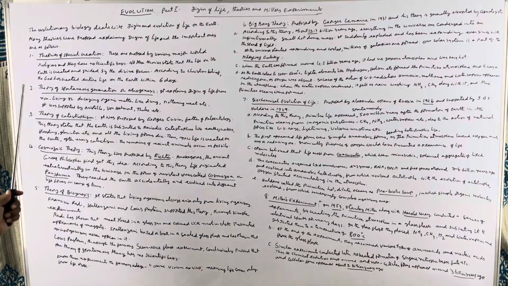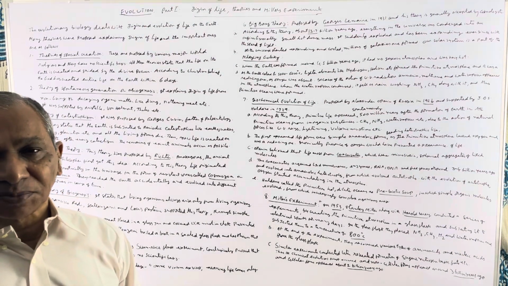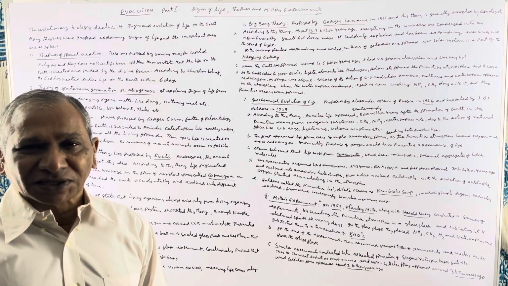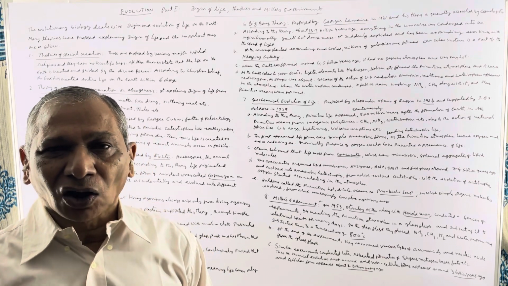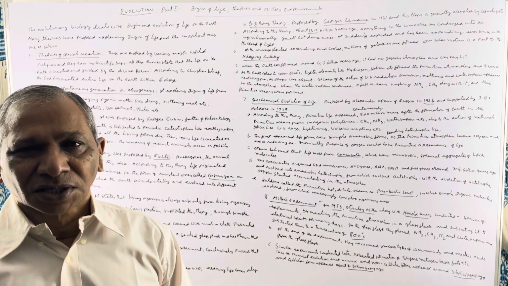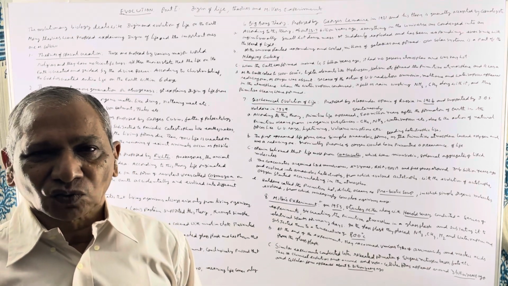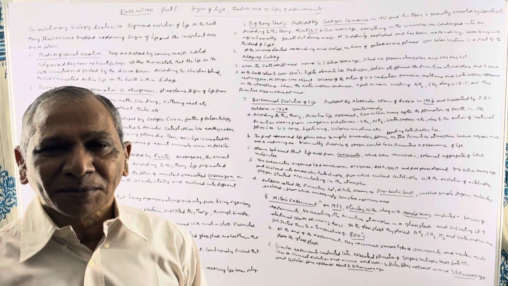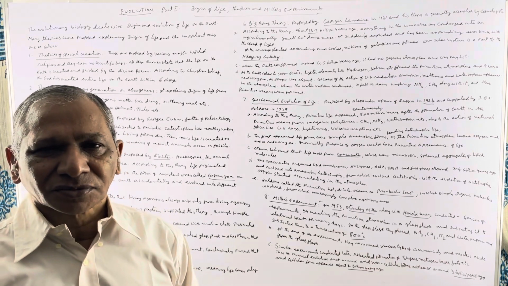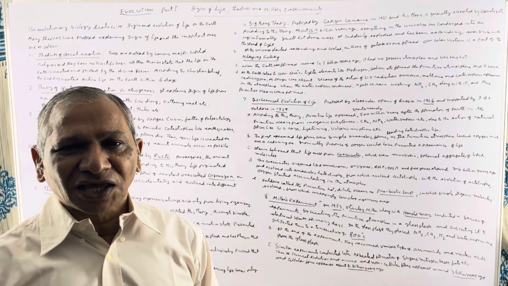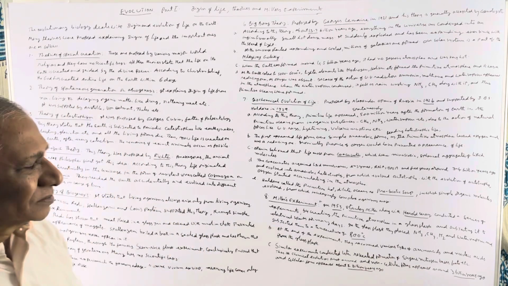Then, theory of spontaneous generation or abiogenesis. That means these theories explain that life appeared all of a sudden from non-living things. People started observing appearance of maggots or worms in the rotting meat or in the soil, and they thought that life appears all of a sudden out of non-living material.